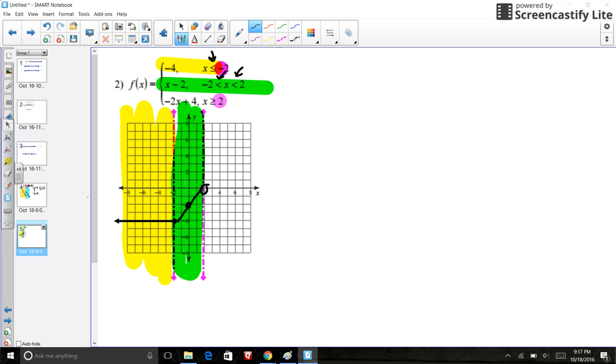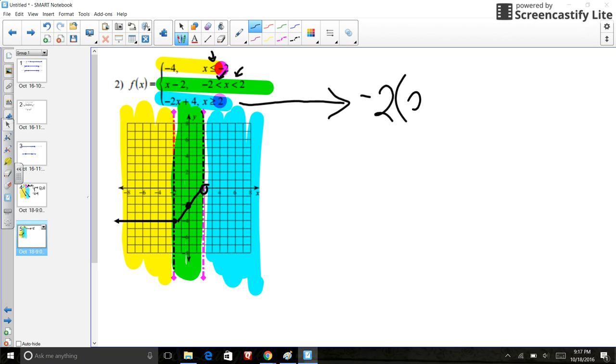All right, last one. I'm going to do that in blue. So over here, over to the right, I've got one more thing going on. So let's see. At x is 2, what does this whole thing equal out to be? Well, I'm just going to say at 2, so -2 times 2 plus 4, that's 0, right?